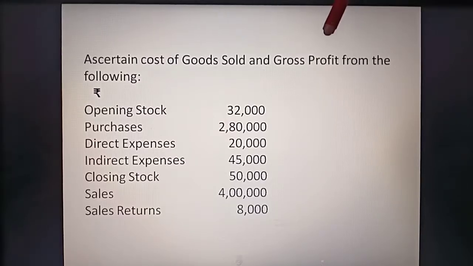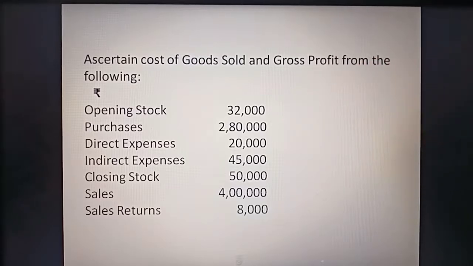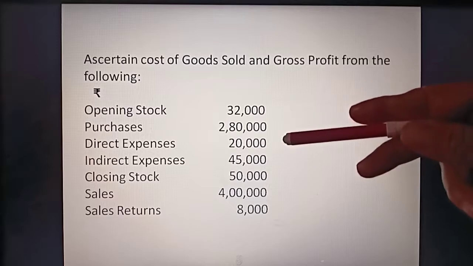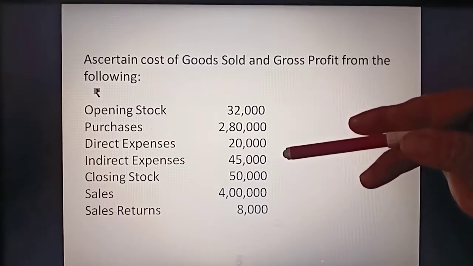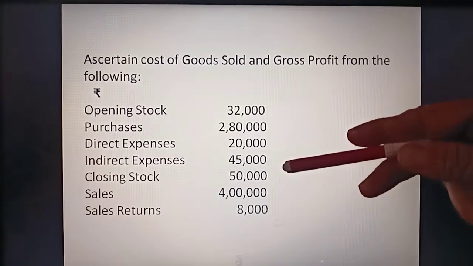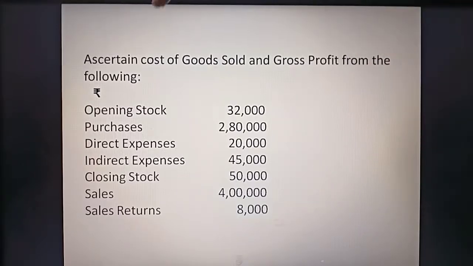And gross profit is sales minus cost of goods sold. In this question, what is given? Opening stock 32,000, purchase 2,80,000, direct expenses 20,000, indirect expenses 45,000, closing stock 50,000, sales 4 lakh and sales return 8,000.